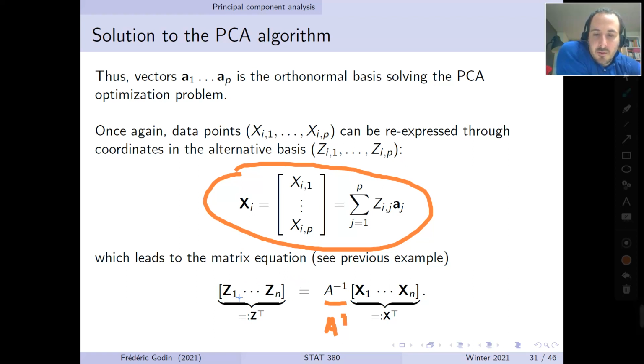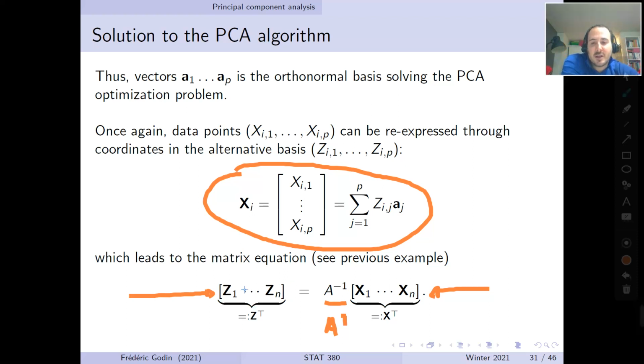Okay, so we can relate the coordinates of each observation in terms of the canonical axis to coordinates of each observation in terms of the new set of axes, which is the PCA, the basis vectors obtained by the PCA approach, which are basically the eigenvectors of sigma.